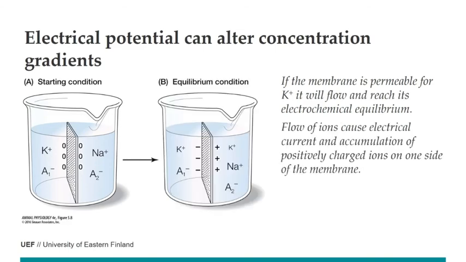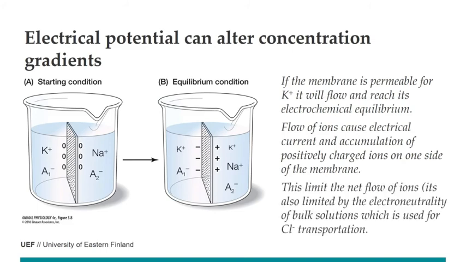When it's flowing, the problem is that it will make a voltage difference on this membrane, and these accumulate the positively charged ions and limit the flow of more potassium from one side to another side.